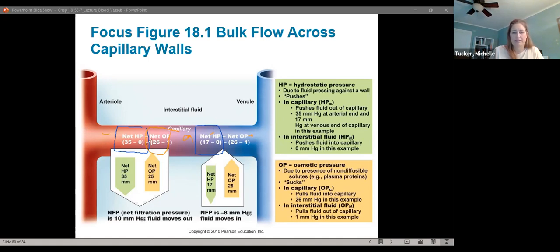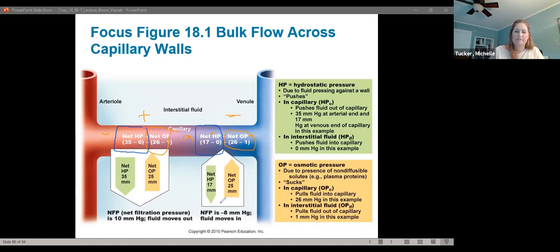They're everywhere, they stay in the vessel. So it is going to stay the same. If you subtract osmotic from hydrostatic, you'll get a positive number on the arterial end. You'll get a negative number on the venous end.